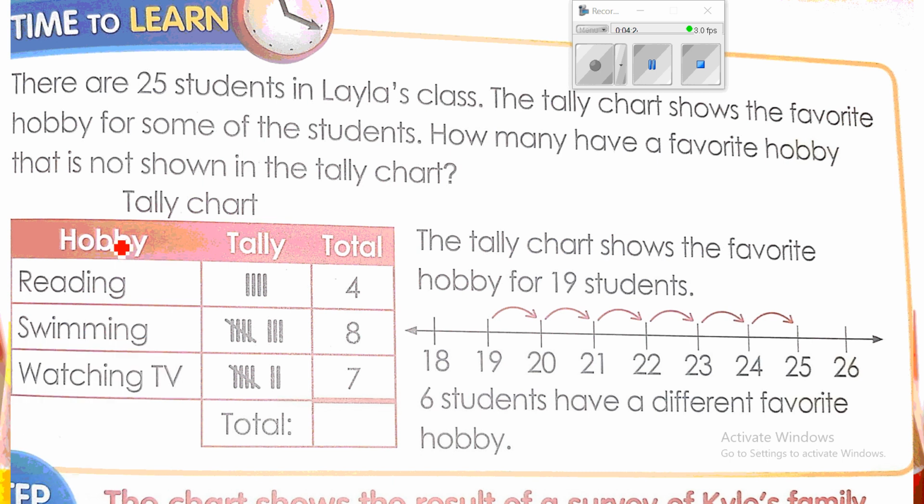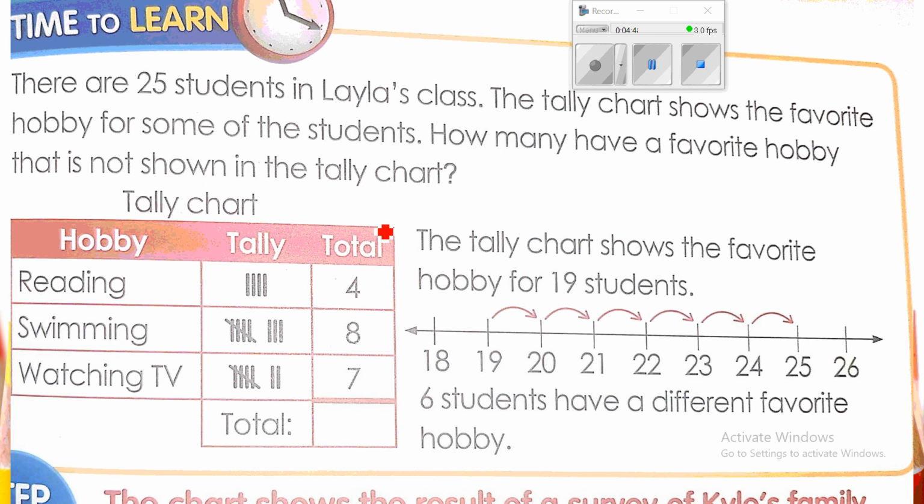Here it is in this tally chart. Here is the hobby, so I'm asking about hobby. Let's see the categories. We have reading, swimming, watching TV. About reading, I have 4 students, swimming 8, watching TV 7. So I want to find the total.